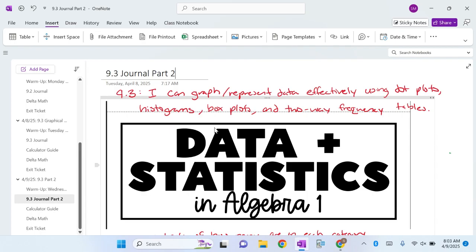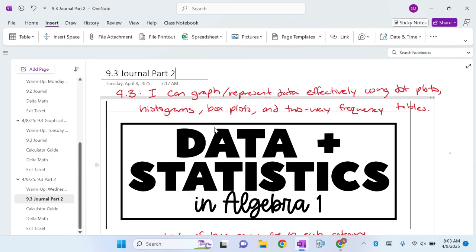Whereas a histogram is more continuous where we have a range of numbers and we're trying to see how frequently that range of numbers happens. All right. Now, box plots and two-way frequency tables are even more different from these two.